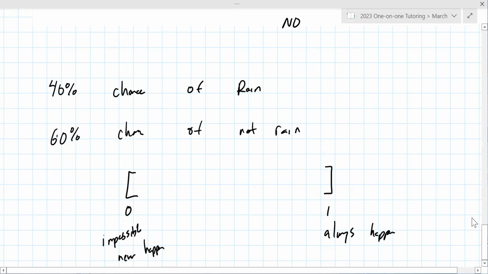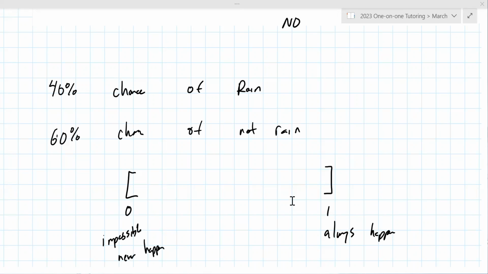So the people that live in this world of probability, they say things like, this is the probability of something happening. There's no guarantees. You would never say something is guaranteed to happen, and you would never say something would never happen.